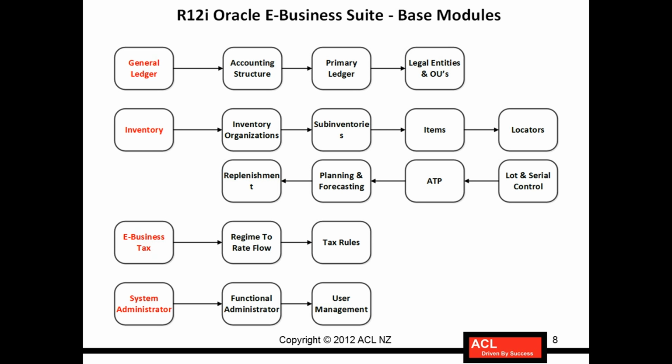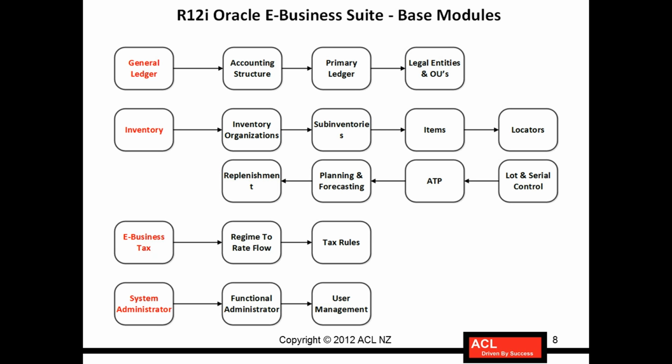In addition to that, Oracle provides a number of ways in which you can set up data access which are specific to application modules. For example, in General Ledger you have segment security rules, wherein you can set up those rules to control access to your accounting structure.